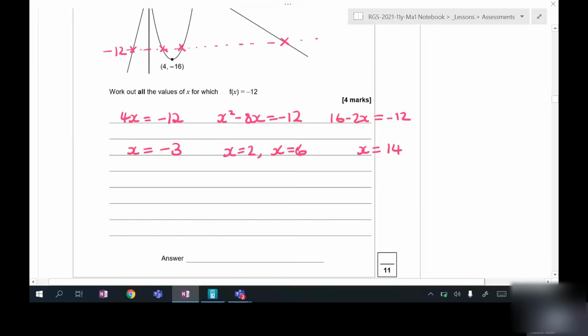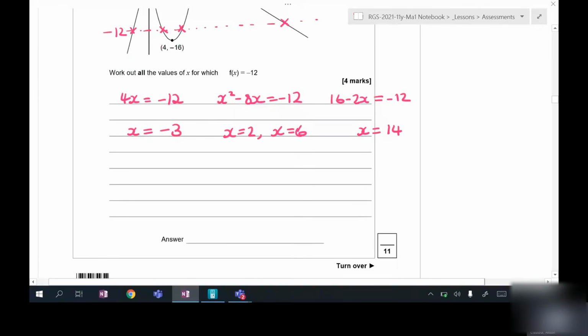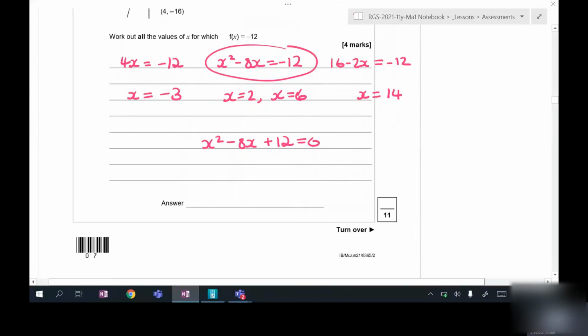For those who don't have a GDC, you would have to solve this equation here. You'd have to move the 12 over to the other side, and then either complete the square or use a formula. I'd probably go for completing the square. So x minus 4 squared minus 16 plus 12. My preferred method.